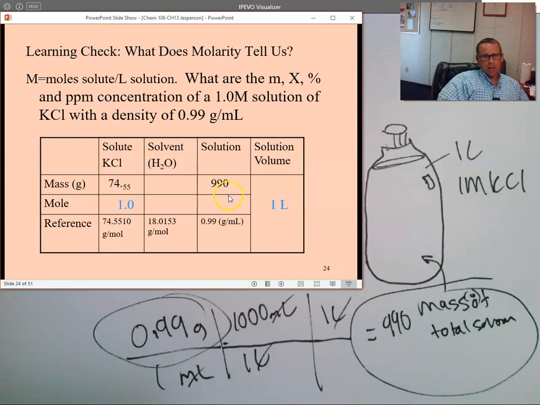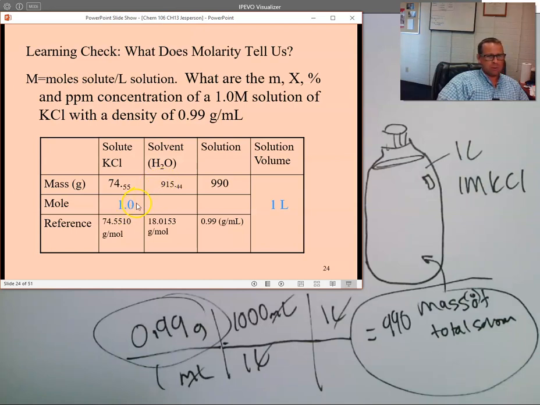That's right. I have the mass of the total solution, which I know is made up of the grams of solute and the grams of water. So I can take my 990, subtract 74.55, and then I'll get the mass of my water in grams. Very good. Now, from these two boxes here, I can solve for my molality.